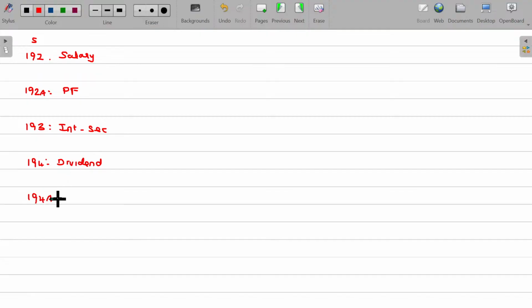194A, interest other than on securities. Then 194B and 194BB are all about casual income: winnings from lotteries, betting, gambling.